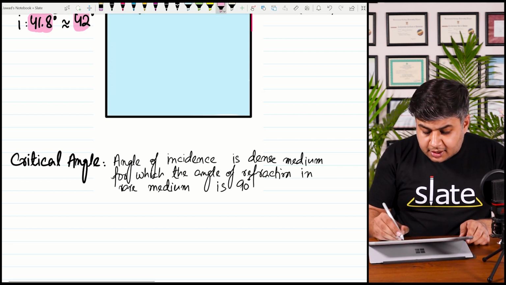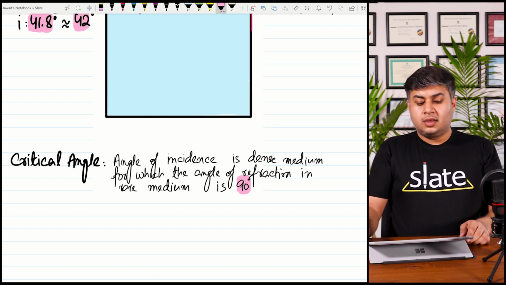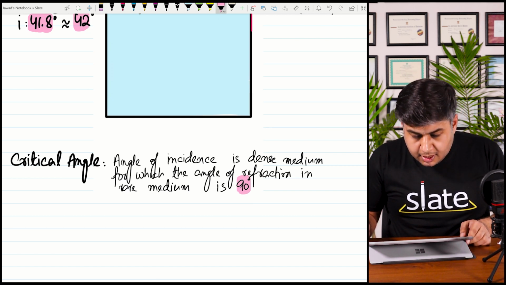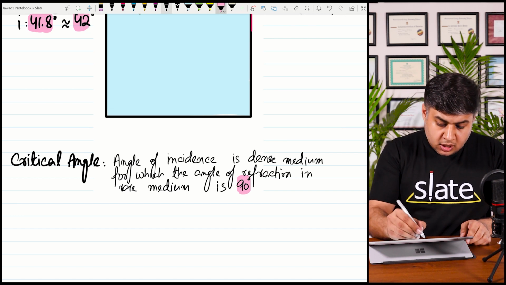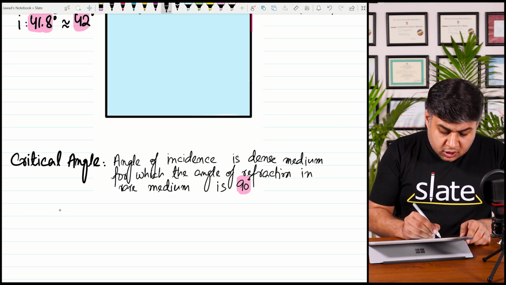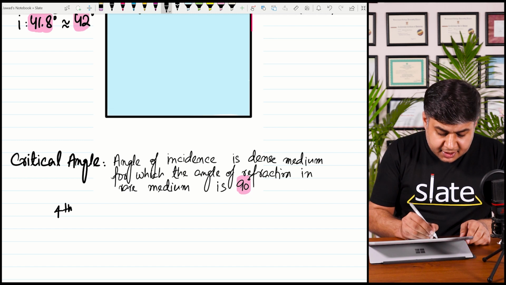And remember, this is the maximum possible value of the angle of refraction. So moving on to the fourth formula of refractive index.